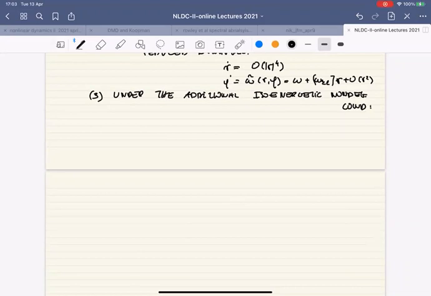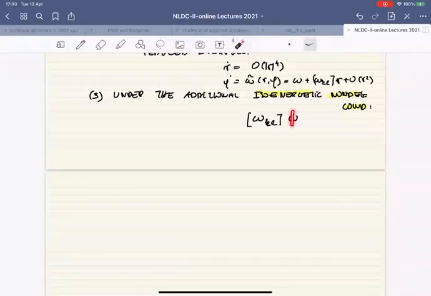So the additional isoenergetic non-degeneracy condition has this form: omega KL, the same matrix, okay, but now I do the following. I add omega here, which is a column vector, an n-dimensional vector, so its dimension in this direction matches with the dimension of that matrix. And now I also add omega here, but transposed. Since it's an n-dimensional vector, in this direction its dimension will match.